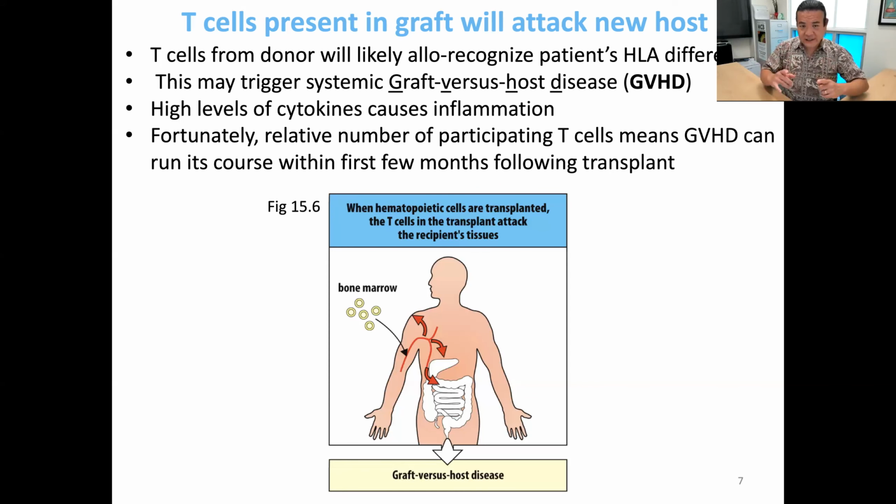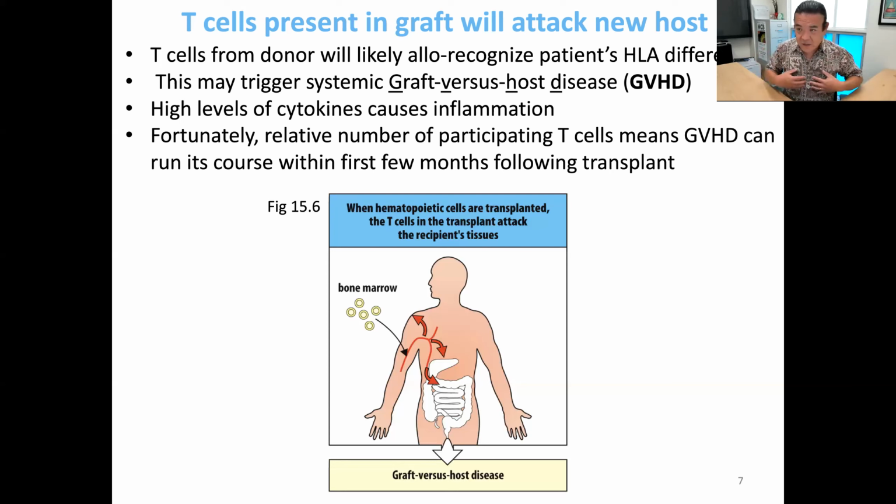But fortunately, the relative number of participating T cells involved here is pretty limited, because it's just whatever T cells were already mature and working in the donor that hitched a ride. They're causing the problem in the host body, but they only last a few weeks before they basically have to be recycled.